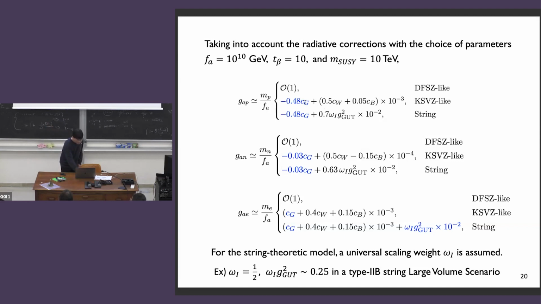And here is a contribution from gluon coupling, and for KSVZ-like model, the leading contribution is from this two-loop level diagrams, and so we have this radiative correction. And for string theoretic model, we have this tree-level contribution, but with one-loop order. So yeah, this gives rise to those contributions.